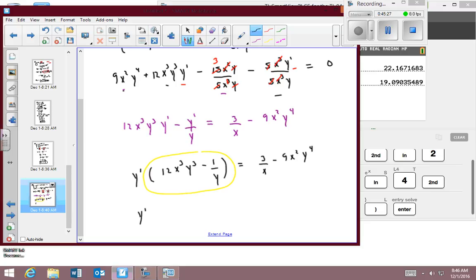So y prime, then I'm going to have 12x cubed y to the fourth minus 1 all over y. And on this side, I want to get it over common x. So that's a 3 minus 9x cubed y to the fourth over x.